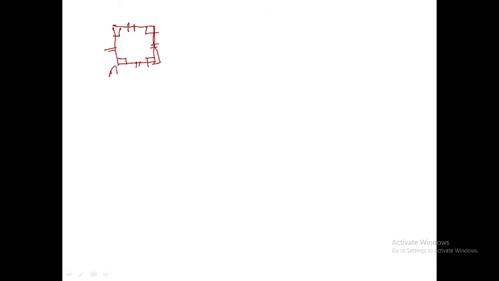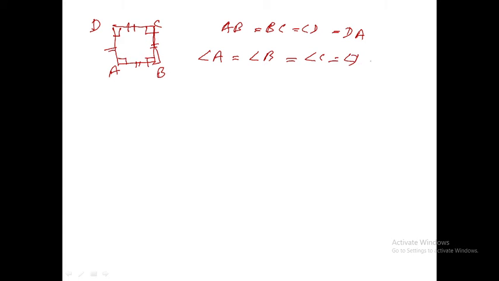If I say here ABCD is a square, then AB equals BC equals CD equals DA, and all angles, angle A equals angle B equals angle C equals angle D equals 90 degrees.